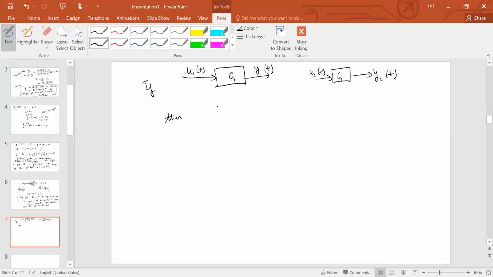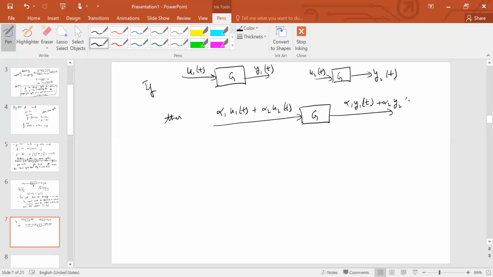The then clause is: if alpha 1 U1 of t plus alpha 2 U2 of t is your input to the system, then your output should be alpha 1 Y1 of t plus alpha 2 Y2 of t. Any dynamic system that satisfies this condition is a linear dynamic system.